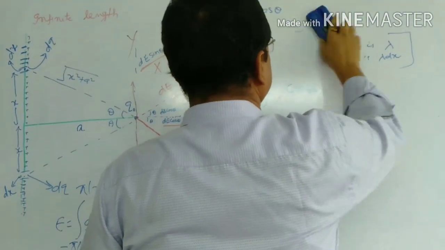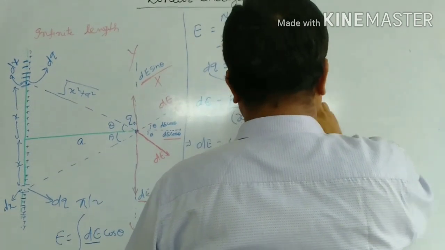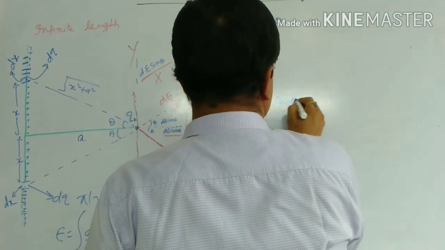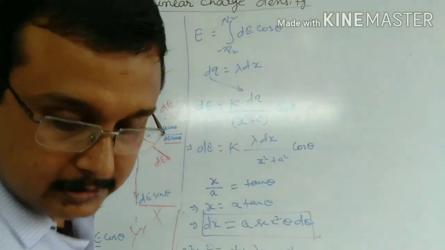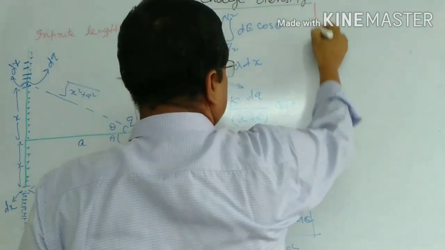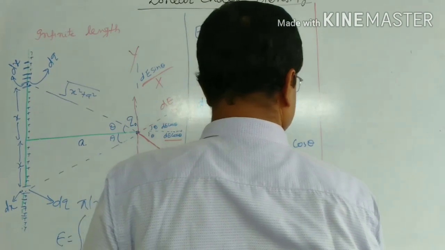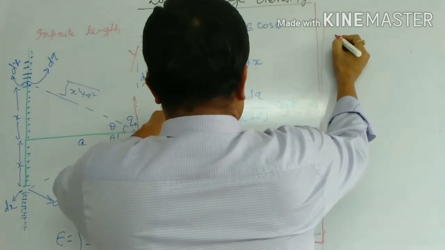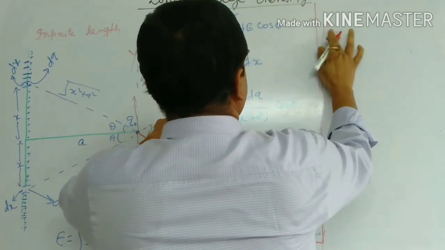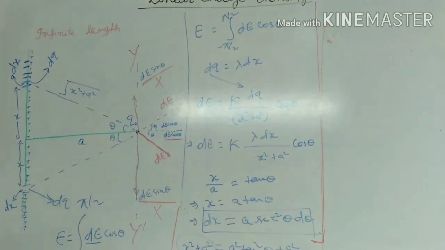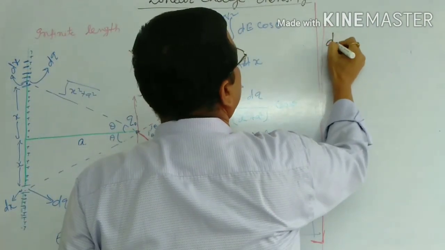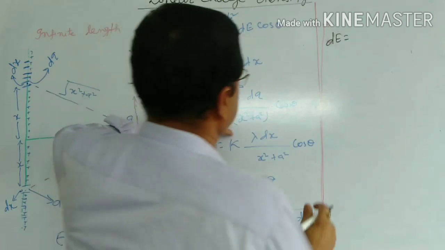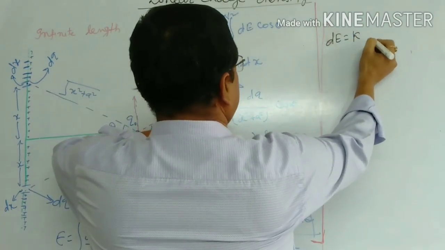Now I am removing it. Just write cos theta. So just see, taking these two here, what we can do, dE equals k lambda.